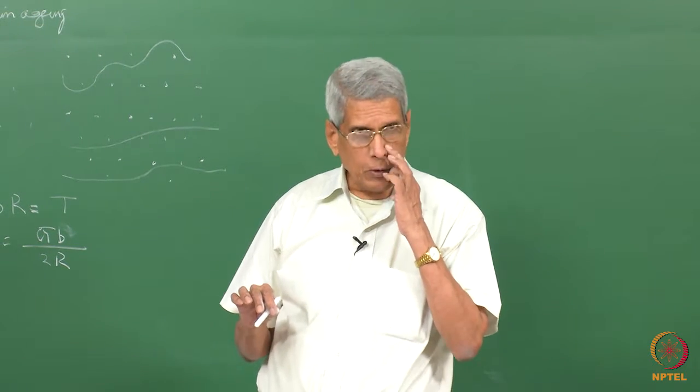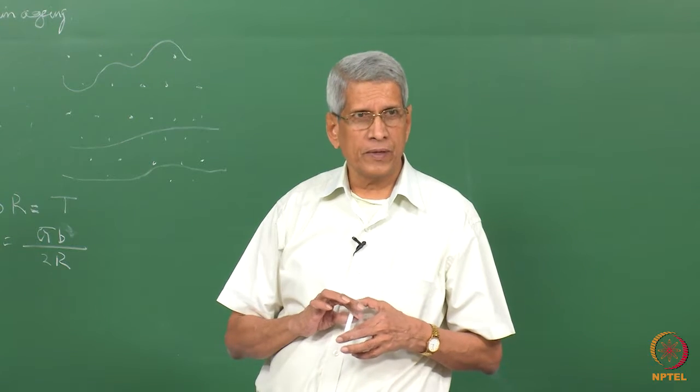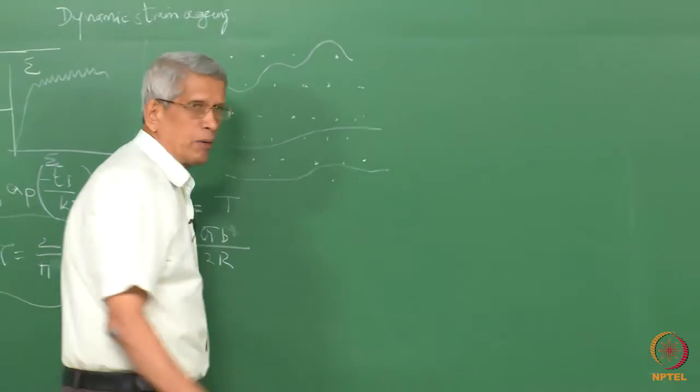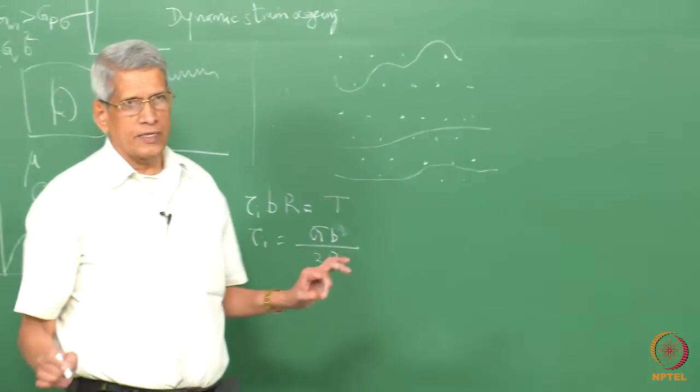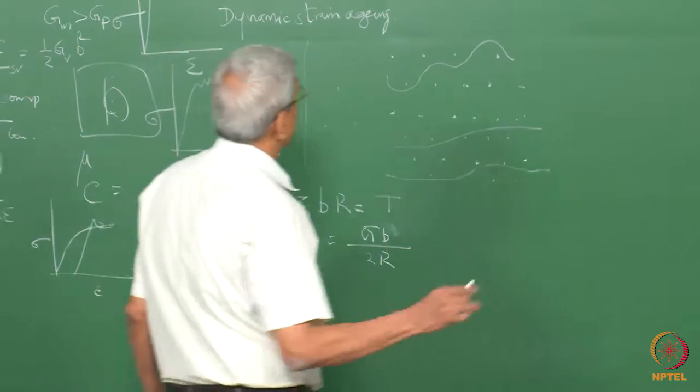Let us now look at the interaction which is going to be a strong interaction. That means that unless the dislocation reaches very close to the particle, no interaction takes place. Let us take a case.